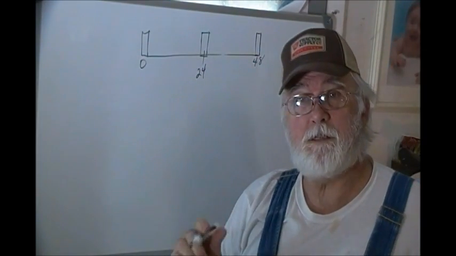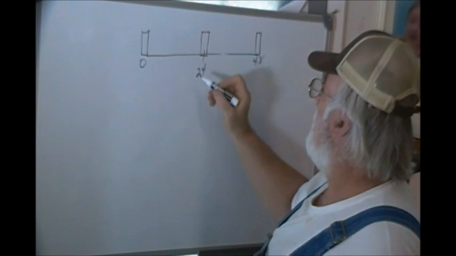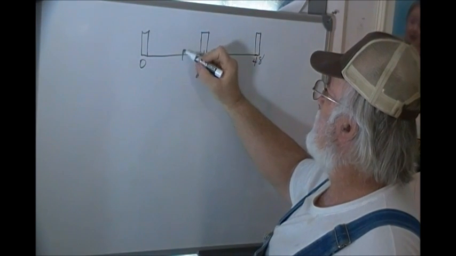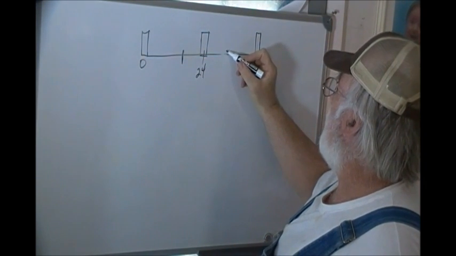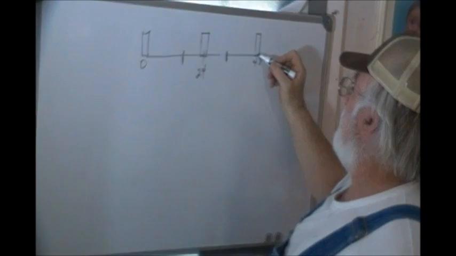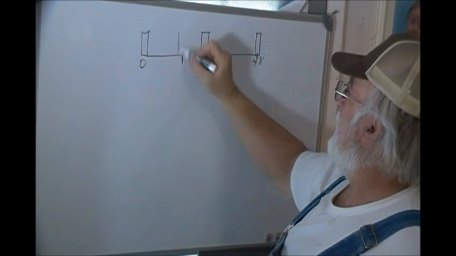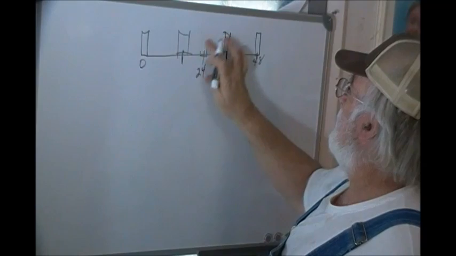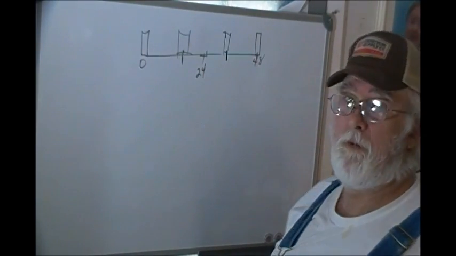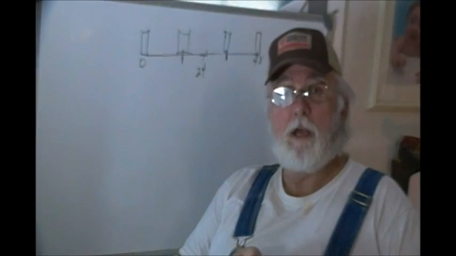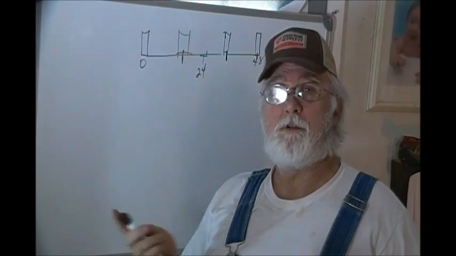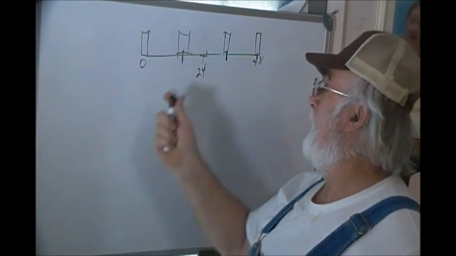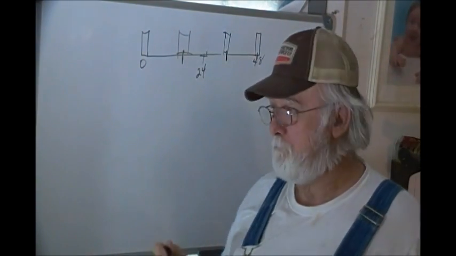If you're going to do 16-inch on center, then you're going to have one at 16, one at 32, and one at 48, okay? And then you're much stronger than just going 2 foot on center, because you've got that extra stud, extra rafter, extra floor joist every 4 feet.